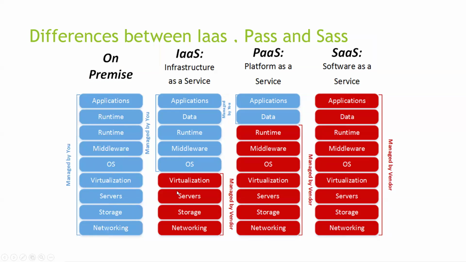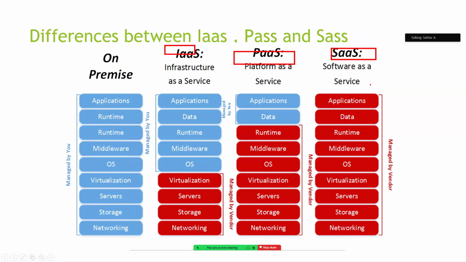When you go for cloud computing, as you know, we have three categories. One is infrastructure as a service, where they provide only infrastructure. When you go for platform, they provide a ready-made environment, then you deploy your application. Next, software as a service. Nothing is in our hand. Everything is managed by the vendor. You just need to consume it. That's it. Clear?